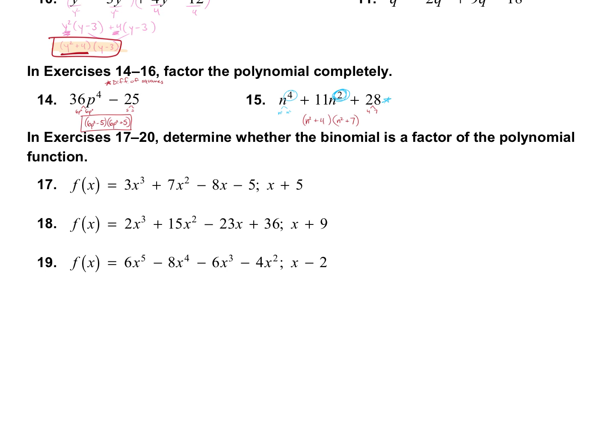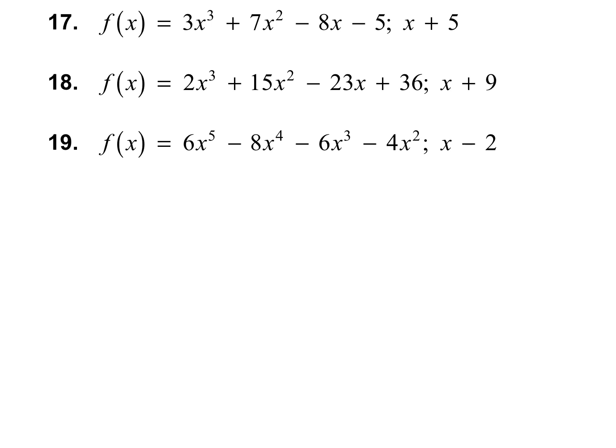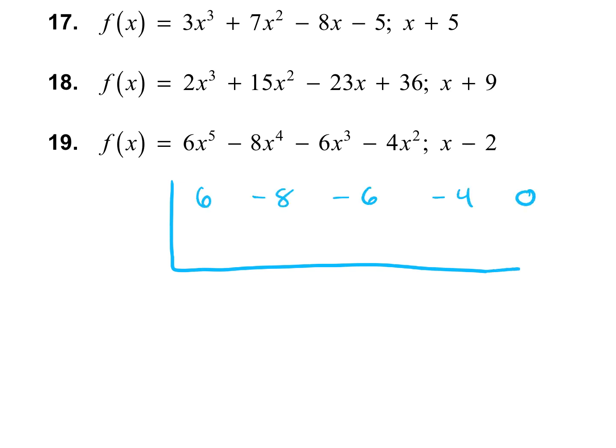All right, we're going to do one more today. So determine whether the binomial is a factor of the polynomial. Let's do 19. So to determine if the binomial is a factor, we have to do synthetic division. What's going to go on the inside? 0 and 0. If we put the zeros there, we need 0, x, and our constant, which is 0.